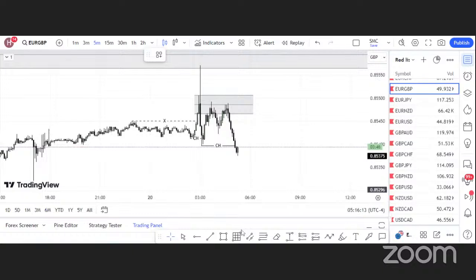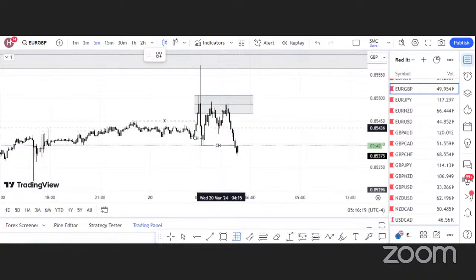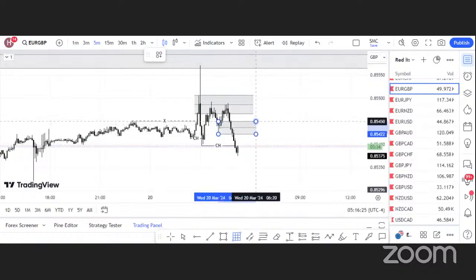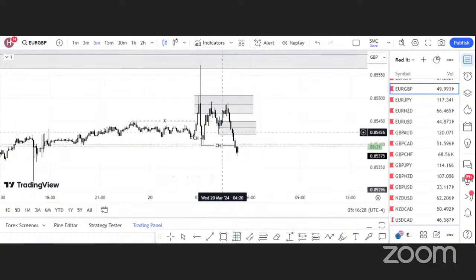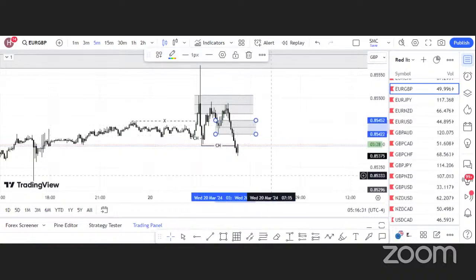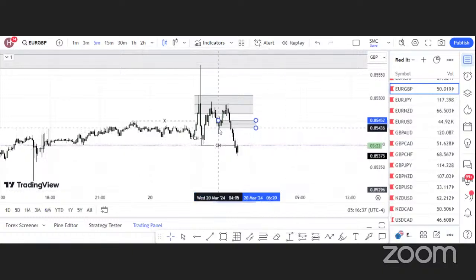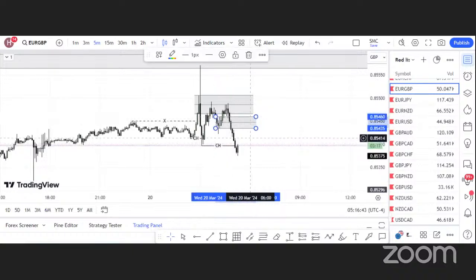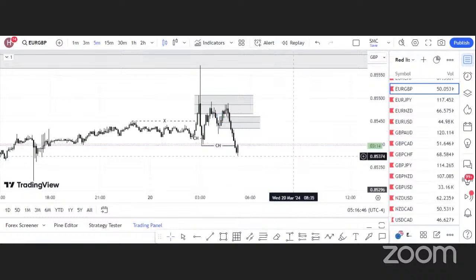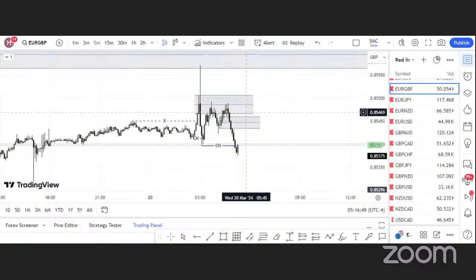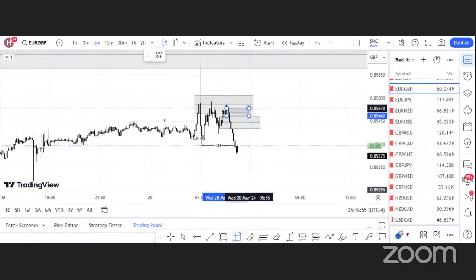And then we have 2 points of interest here. We have this first one here, and if the market doesn't reject from this first zone, we have another zone at the top, another resistance zone.